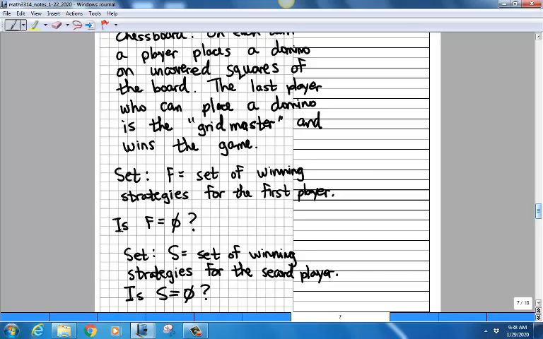Here's the way the game is played. In turn, each player picks a square. But of course, you want to avoid the poison cookie, because if you pick that square, you eat the poison cookie and you die. You're the loser.